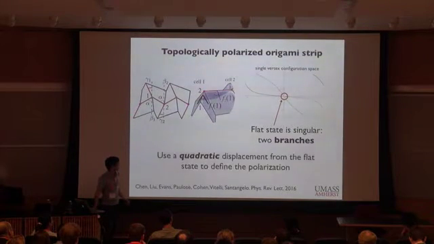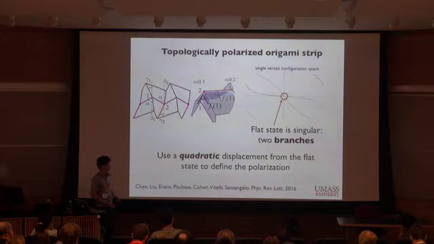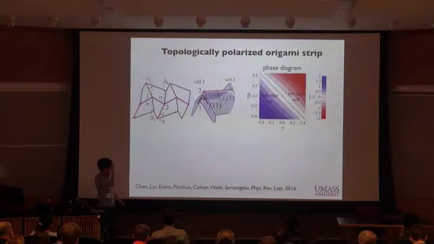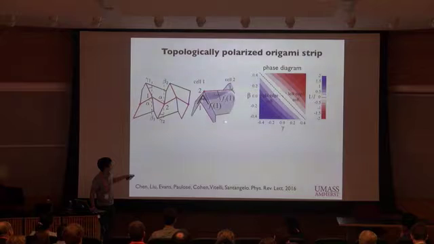To make a long story short, it turns out that we can define a quadratic displacement, not the usual linearization that one would use to define a polarization in this system. Once you have that in hand, we can also find a phase diagram for these structures. This is a phase diagram in design space.